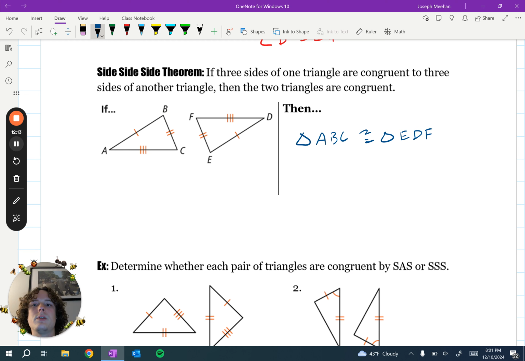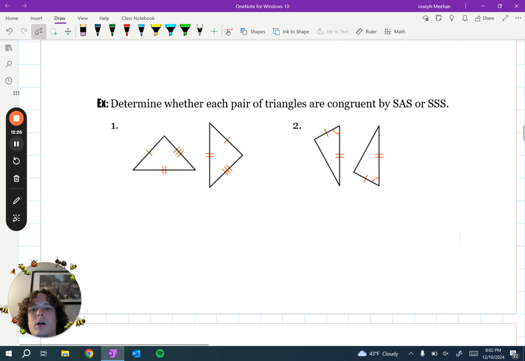There we go. We can use this similarly to side, angle, side. Whenever proving triangles are congruent, we now have a couple options. We could prove that they are congruent because of side, angle, side, or because of side, side, side. So let's do some practice on them.